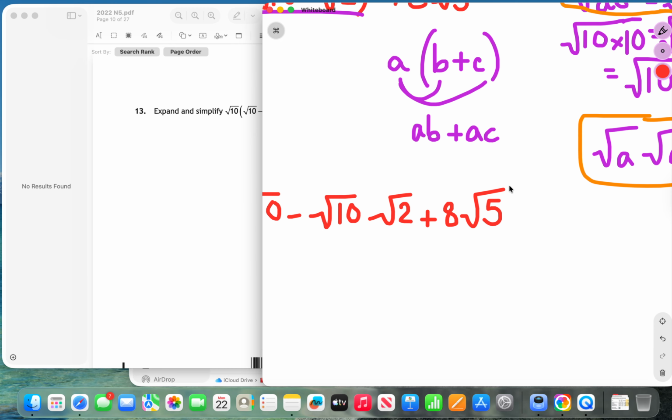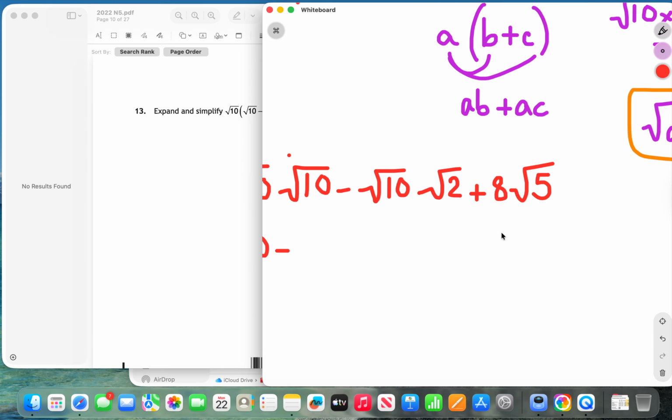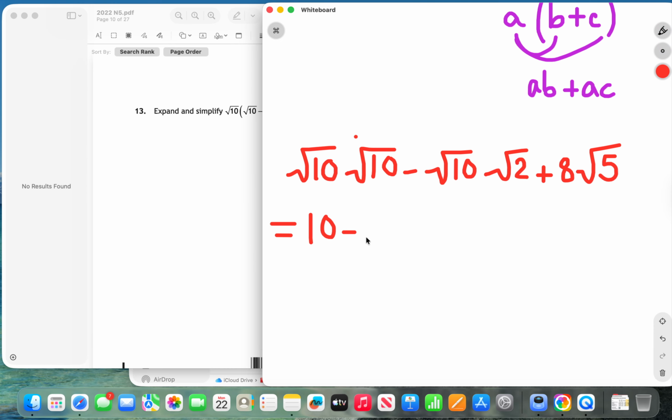Root 10 root 2, well, that has to equal, if you make A is 10 and B is 2, root AB would be root of 10 times 2, and that's all inside the square root. And we then add the 8 root 5.